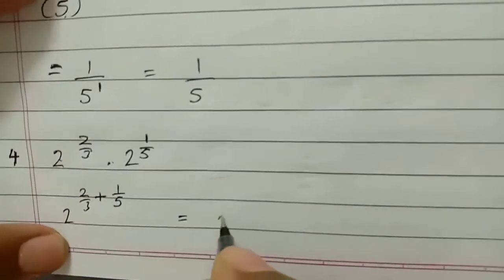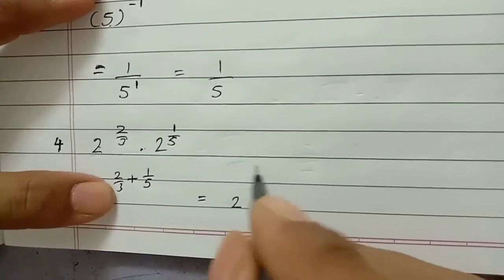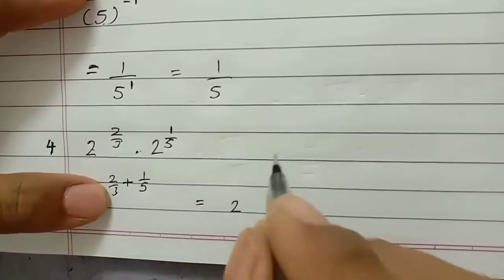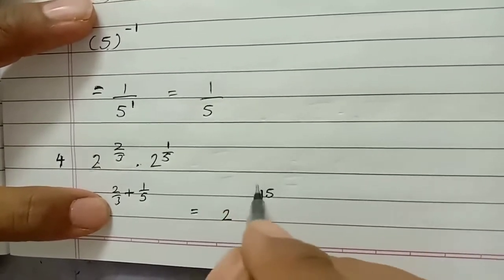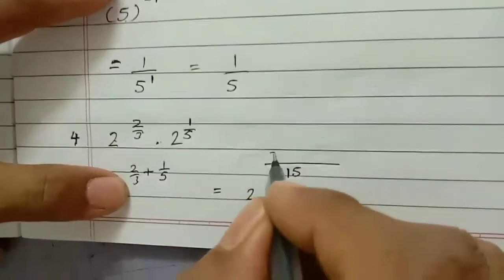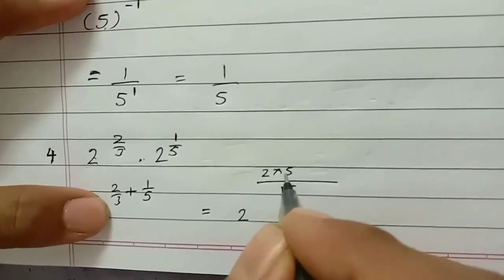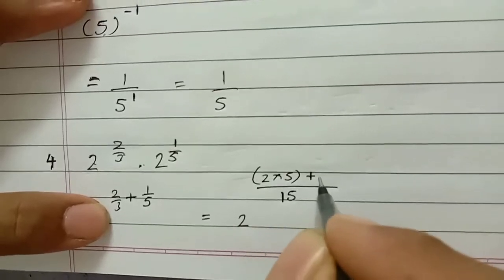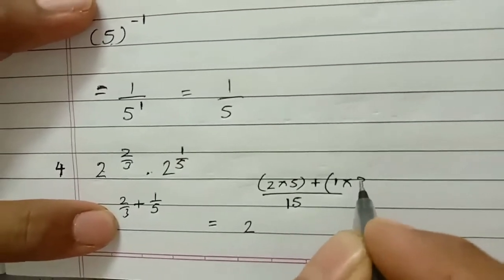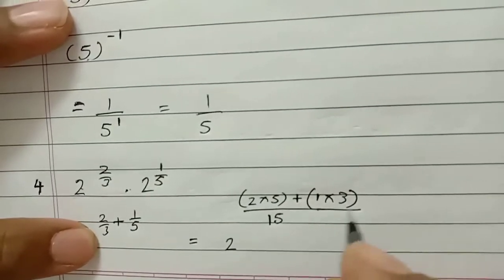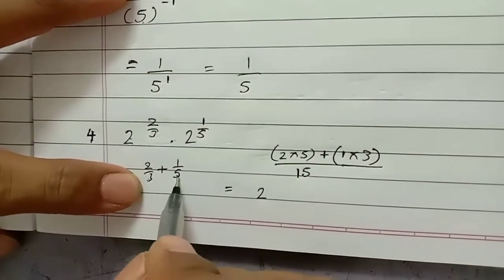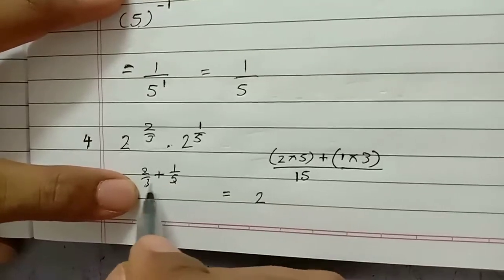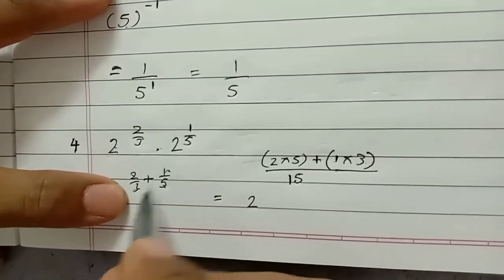This can be solved as 2 raised to, we have to take out the common factors. 5 3s are 15. So 2 into 5 plus 1 into 3, 3 into 5, and 2 into 5 plus 1 into 3 cross multiply.